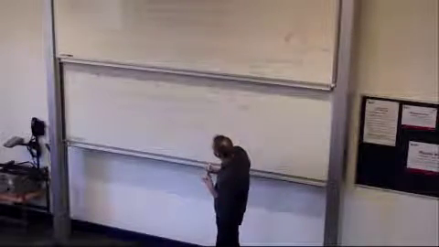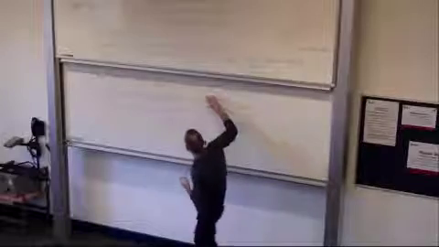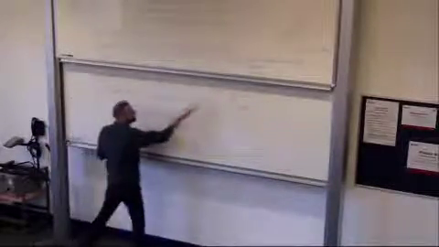Now, since it belongs to both of them, it means that all this stuff over here, which is also equal to D, also belongs to U intersection V.